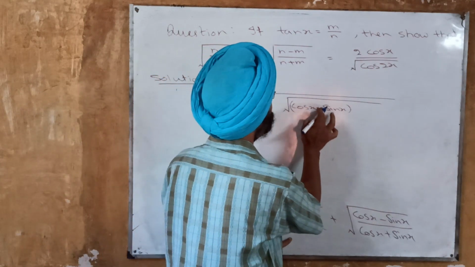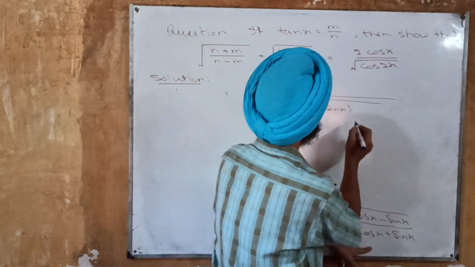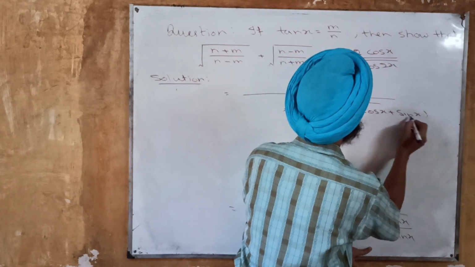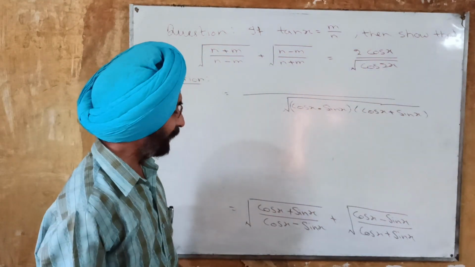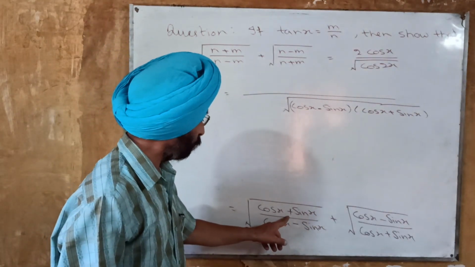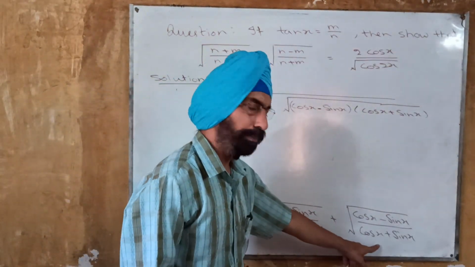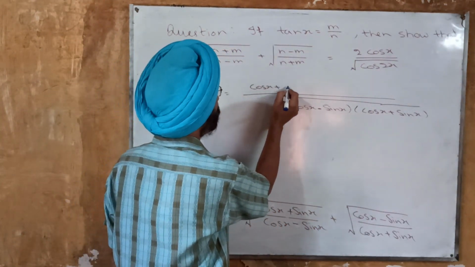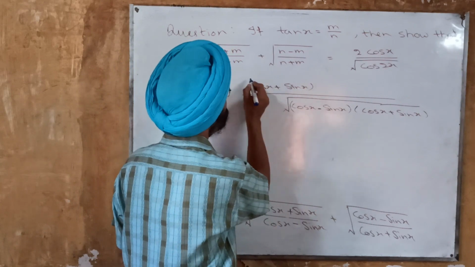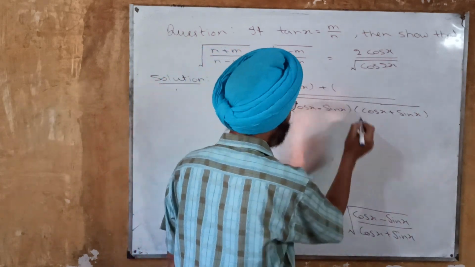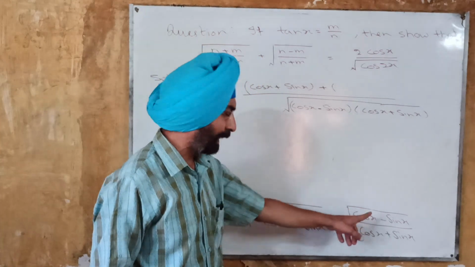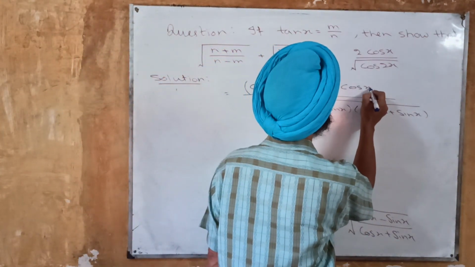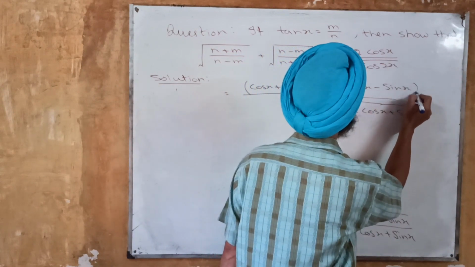So this is minus, and in the second expression it is cos x plus sin x. While taking LCM and then solving, this under root cos x plus sin x multiplied by under root cos x plus sin x will become cos x plus sin x, and this is plus, and this under root cos x minus sin x multiplied by under root cos x minus sin x is cos x minus sin x.